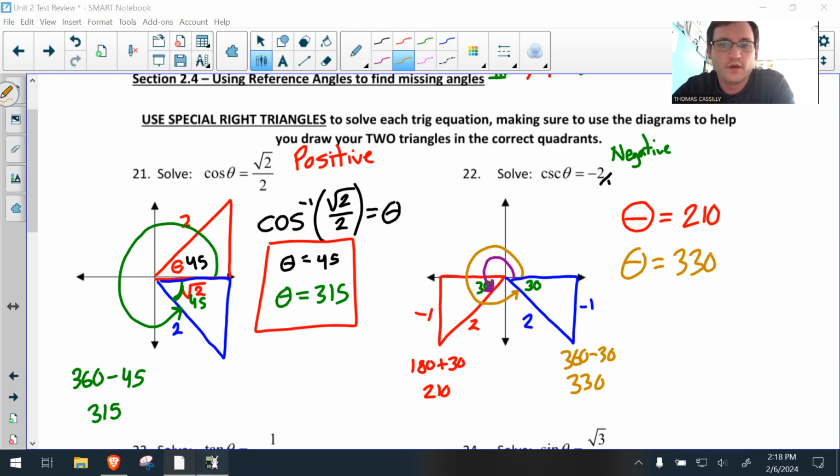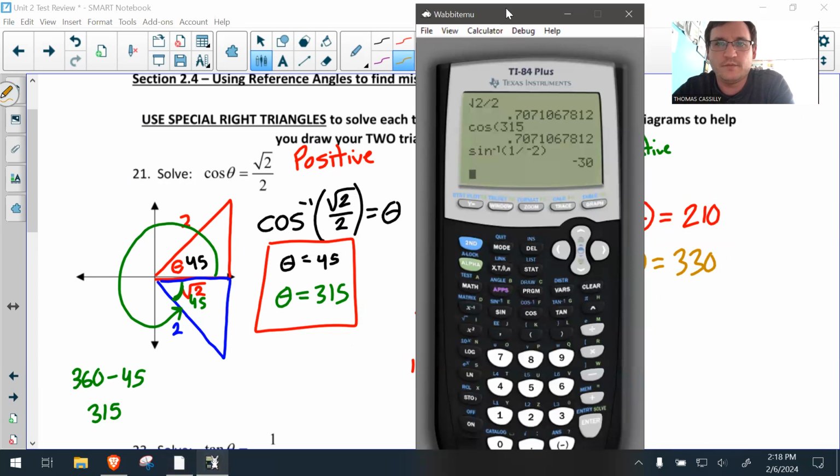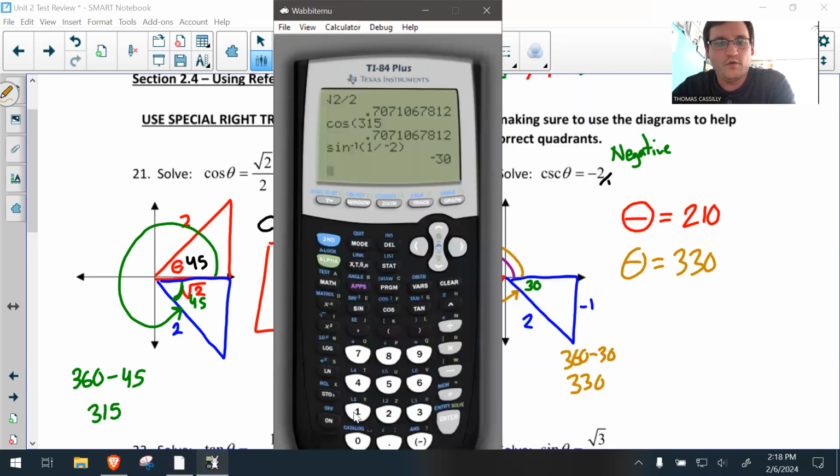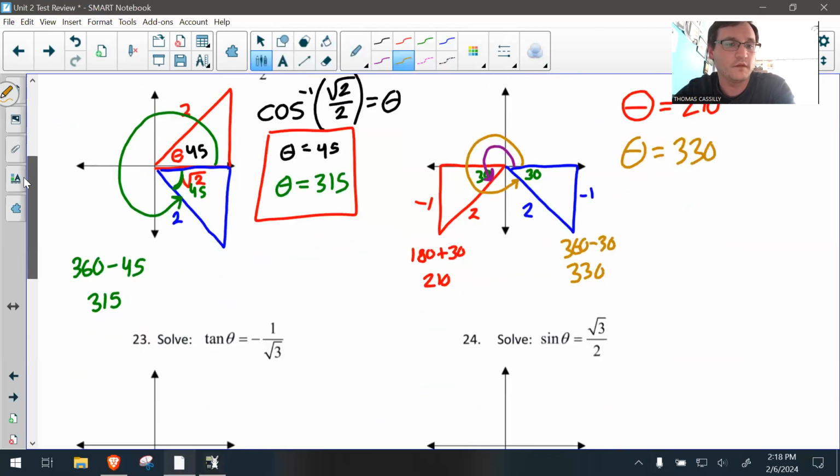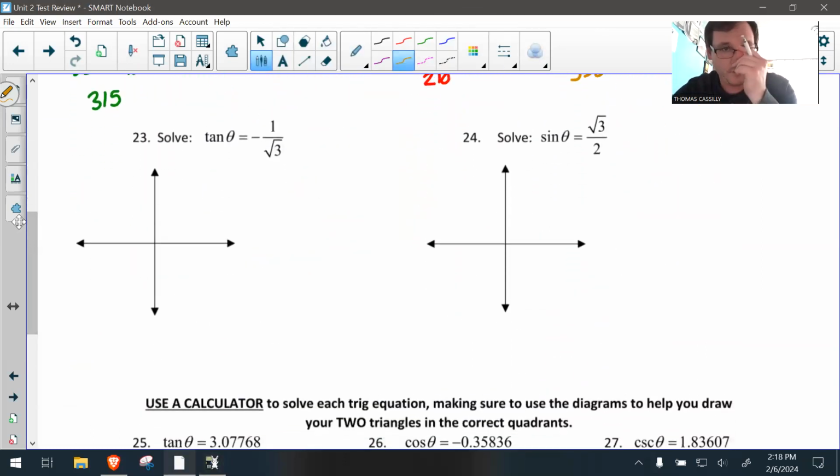Right, and again, we type in our calculator. If I type in 1 over sine, right, because cosecant is 1 over sine of 210, that should spit out a -2, which it does. If I type in 1 over the sine of 330, that also spits out a -2. Okay. So keep on keeping on here.